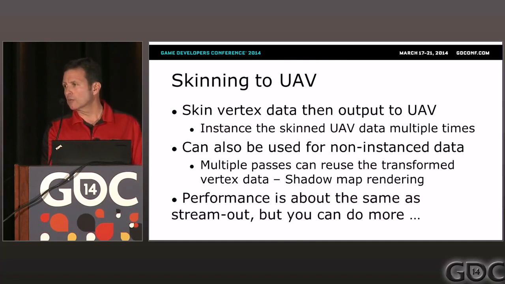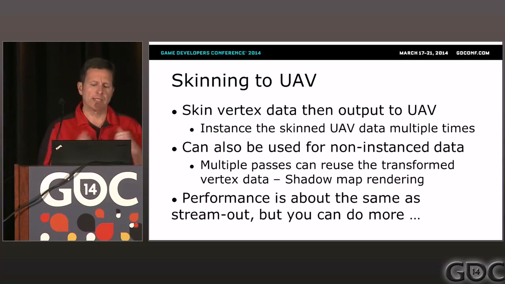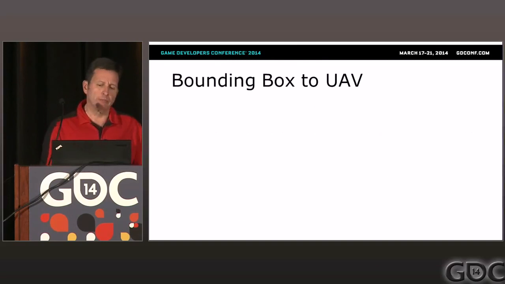The thing is, though, the real power of these UAVs is that they allow you to write out anything, not just stream out vertices. You can write out whatever you want. And that was a kind of a big limitation on vertex shaders. So one of the things you might want to do is output a bounding box.